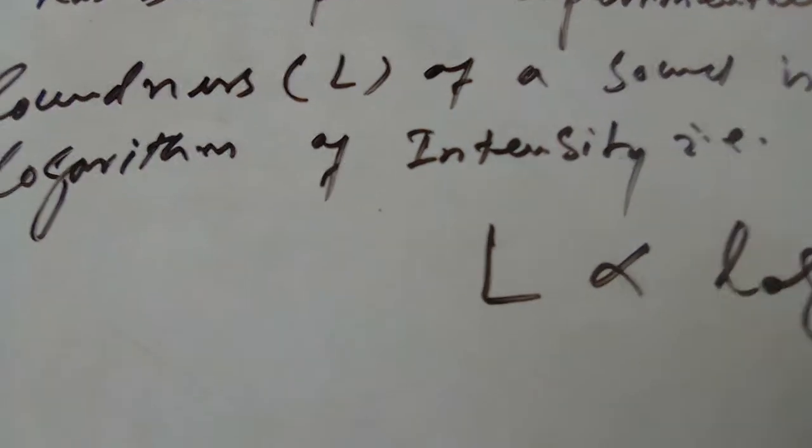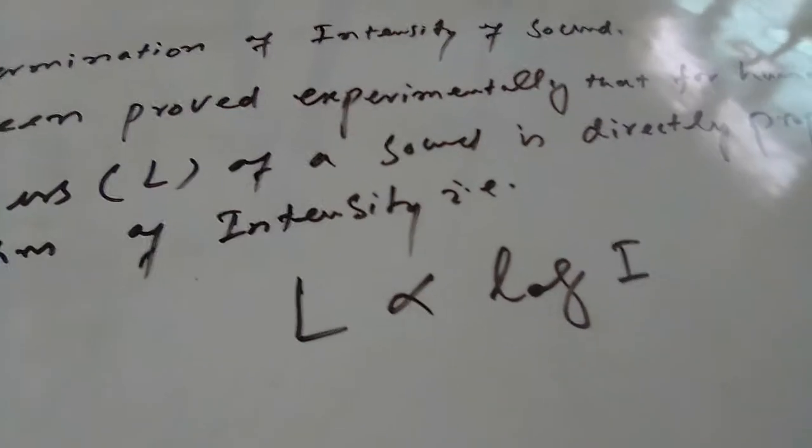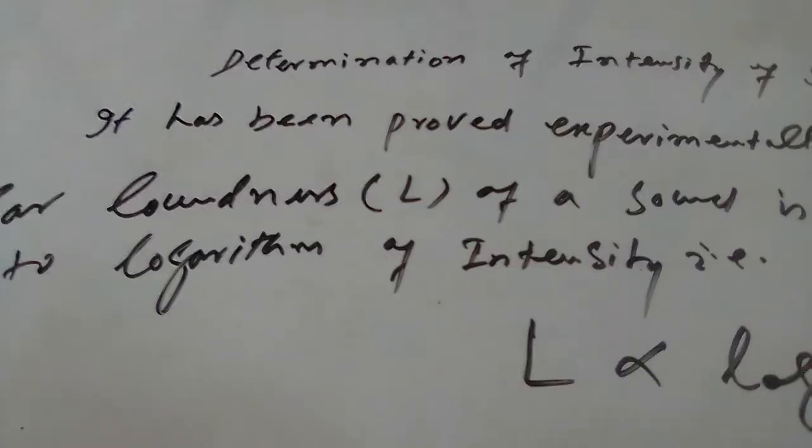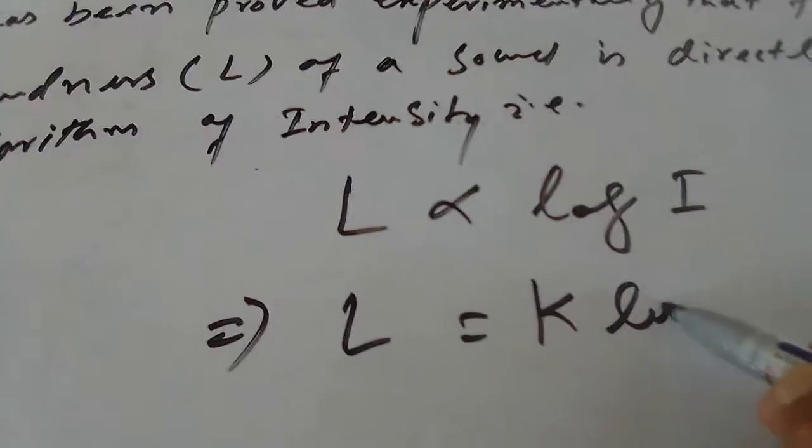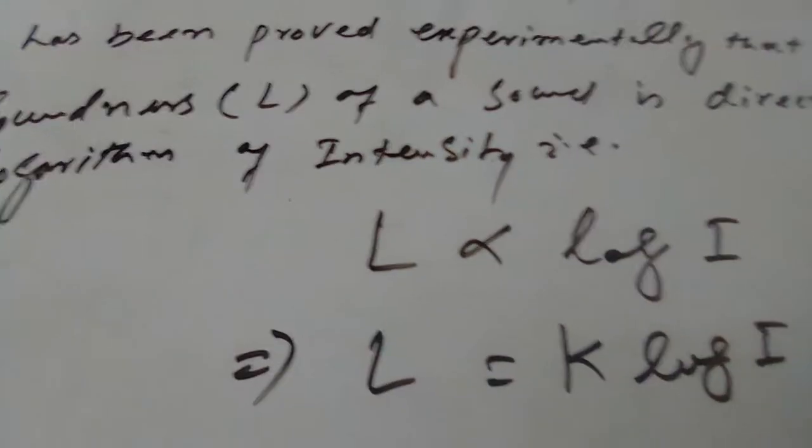That is, L is proportional to the logarithm of intensity. Removing proportionality, this implies that L is equal to K log of I. Let's suppose this is equation number 1.